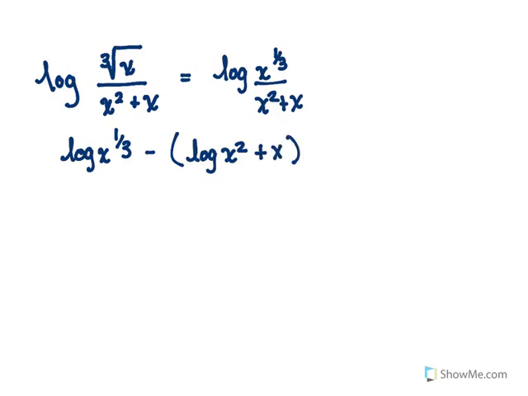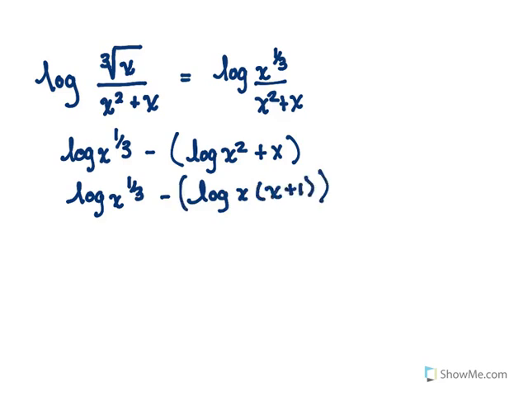Okay, now let's look at it this way. When we have x squared plus x, this becomes log of x to the 1/3 minus log of x times x plus 1. Now I know this is a stretch, so just hang in there with me.